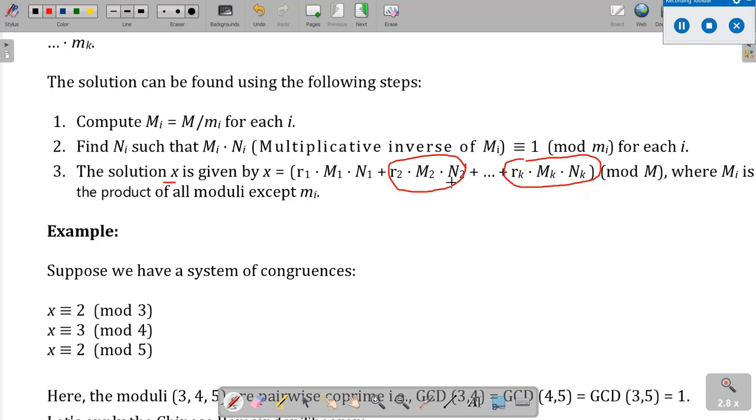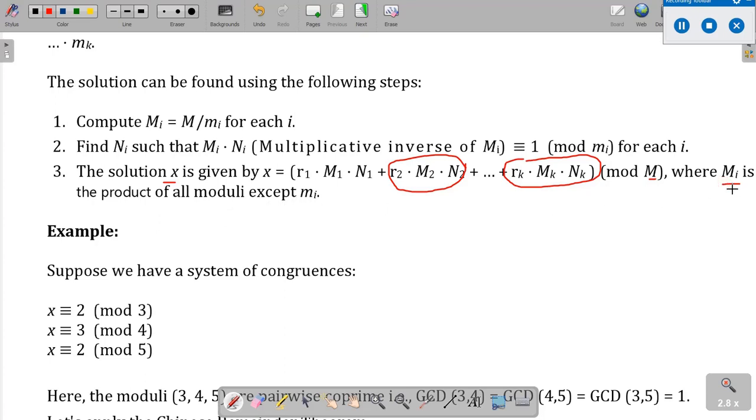If we find the sum, then we take the mod m, where m is nothing but the product of all m1 m2 m3 up to mk, where mi is the product of all moduli except mi.